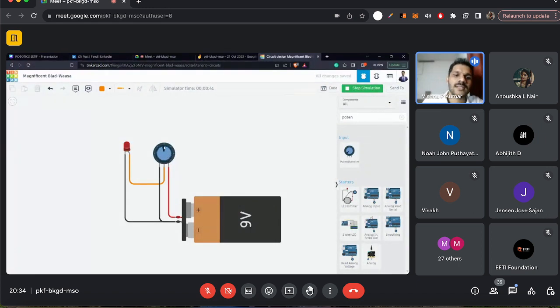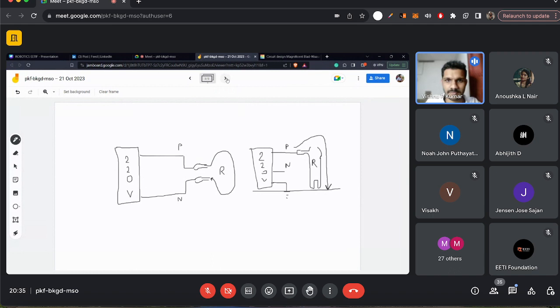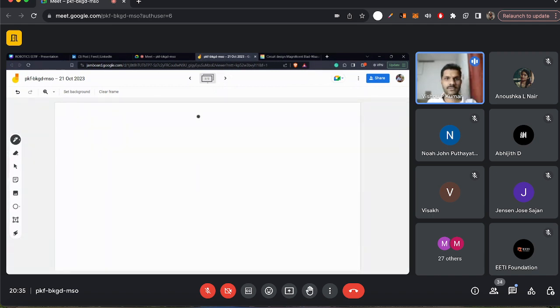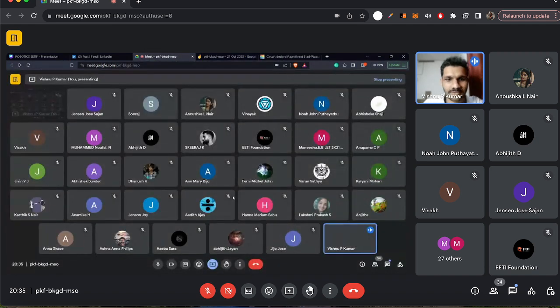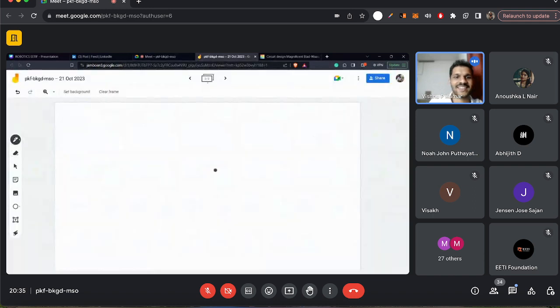Yeah, and I'll just tell you the working of the potentiometer. Maybe this explanation might be different from what you learned in college and all. Yeah. So as Denson told, this is a variable resistor, right? Suppose it's a very long resistor.